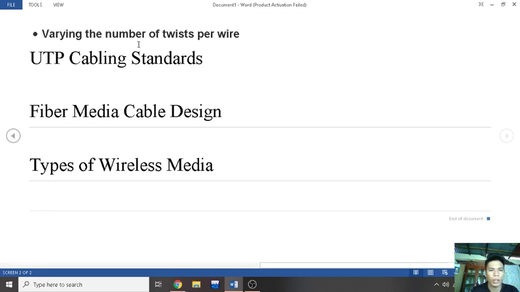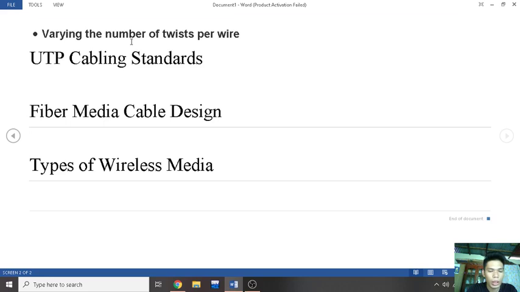So we have the categories in the UTP cabling standard. First, we have Category 3 UTP cable. It is used for voice communication, most often for phone lines. Then we have Category 5 and 5e UTP cable, used for data transmissions. It supports 100 Mbps and can support 1000 Mbps but is not recommended.